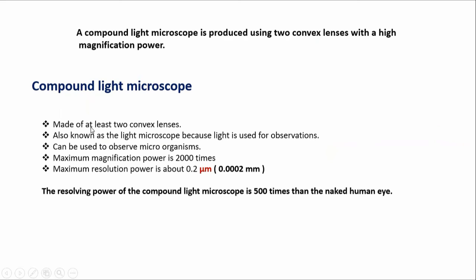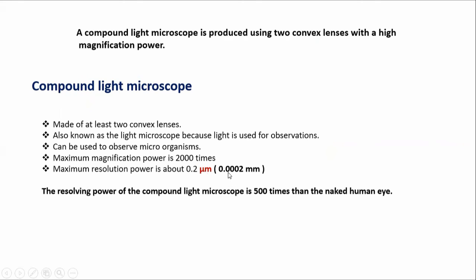It is made up of at least two convex lenses. It is also known as the light microscope because light is used for observations. It can be used to observe microorganisms. Maximum magnification power is 2000 times. Maximum resolution power is about 0.2 microns. This unit highlighted in red, we refer to it as a micron.